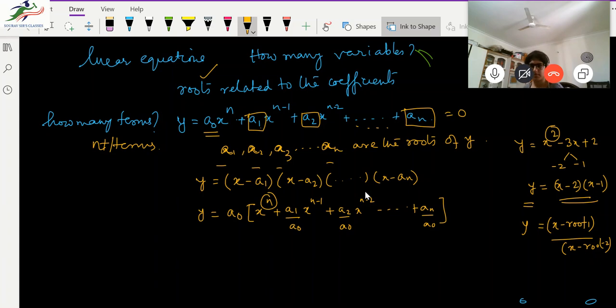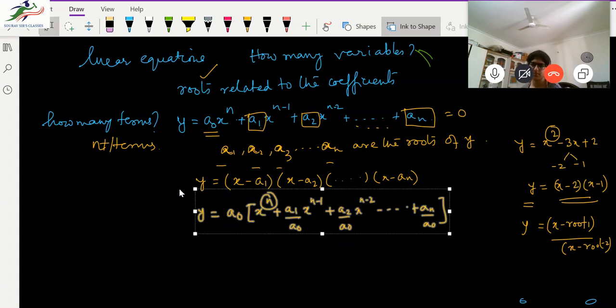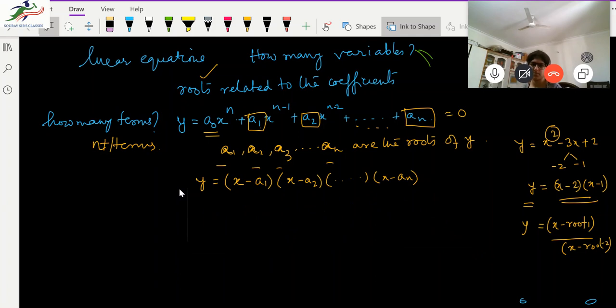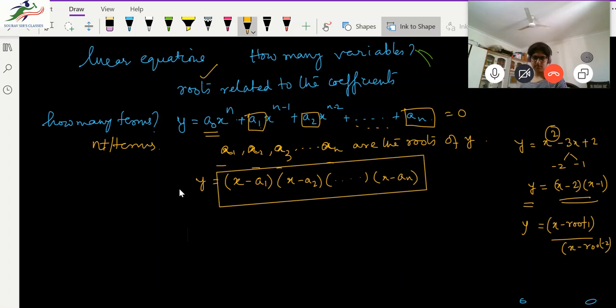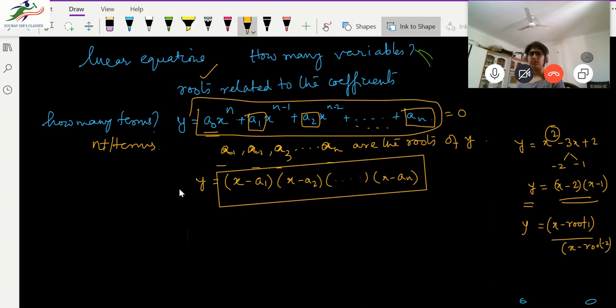I go back to this equation itself. So now what we have written is correct, right? There's no problem with that. Now, therefore, this and this are the same. Both are equal to y, right?